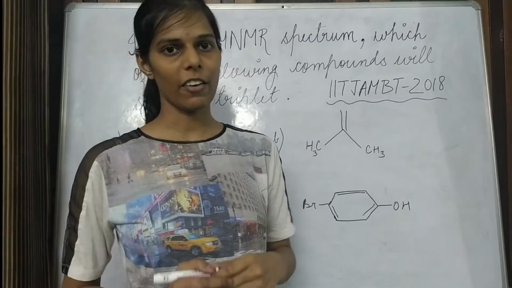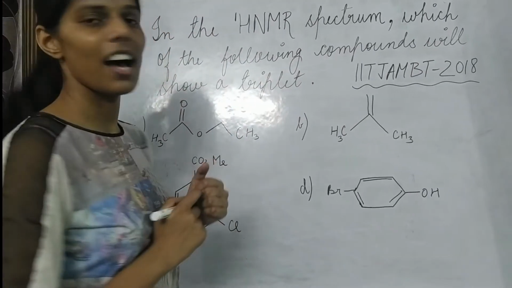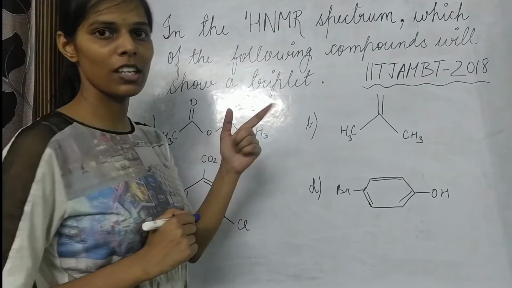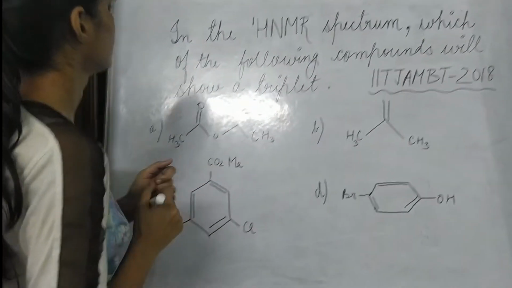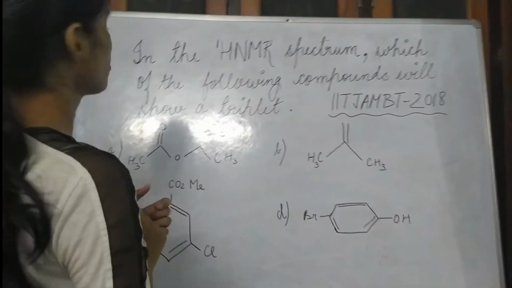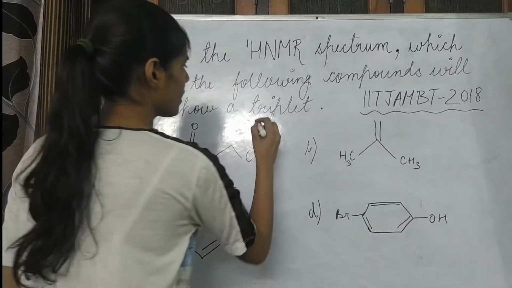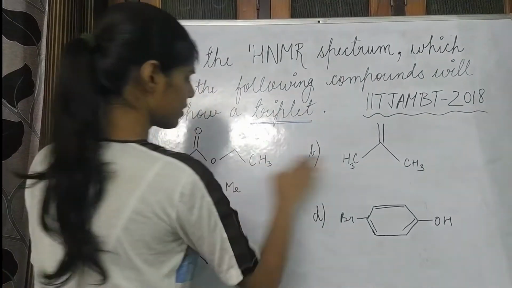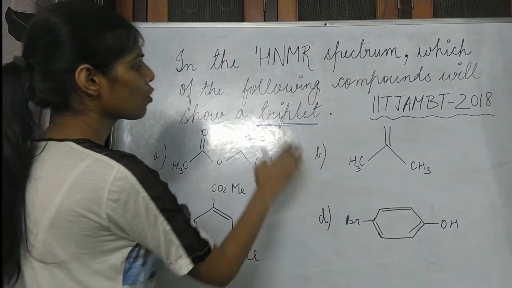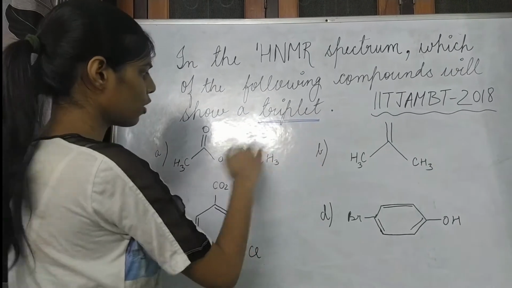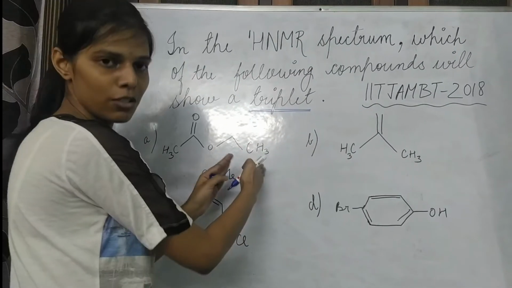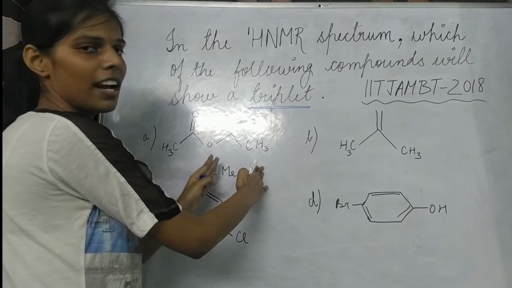So let's solve another question. This question was asked in IIT JAM Biotechnology 2018. In the proton NMR spectrum, which of the following compounds will show a triplet? In which of these compounds will a triplet be seen? For a triplet, one of the hydrogens should have 2 hydrogens adjacent to it.